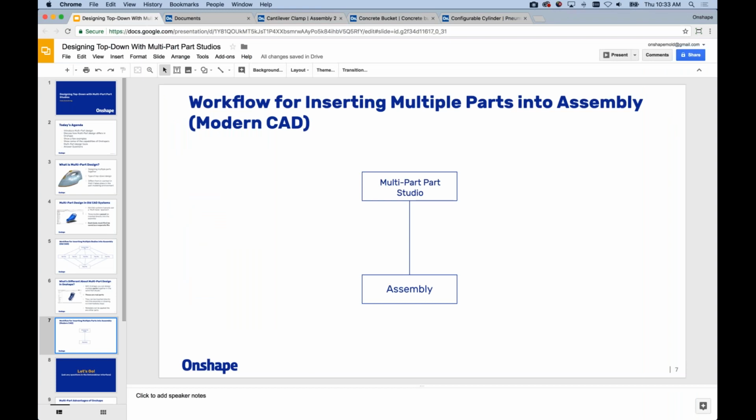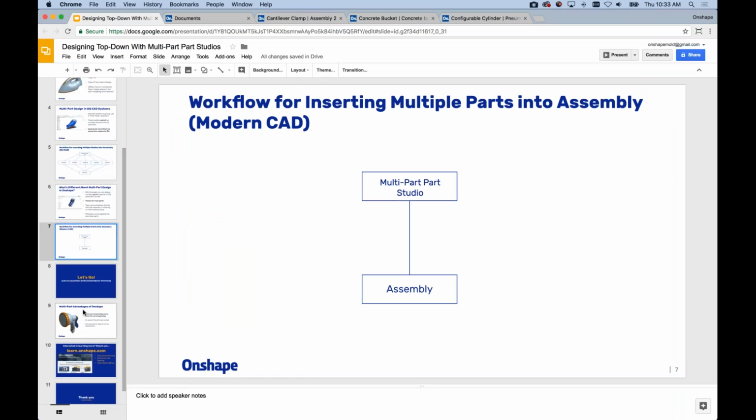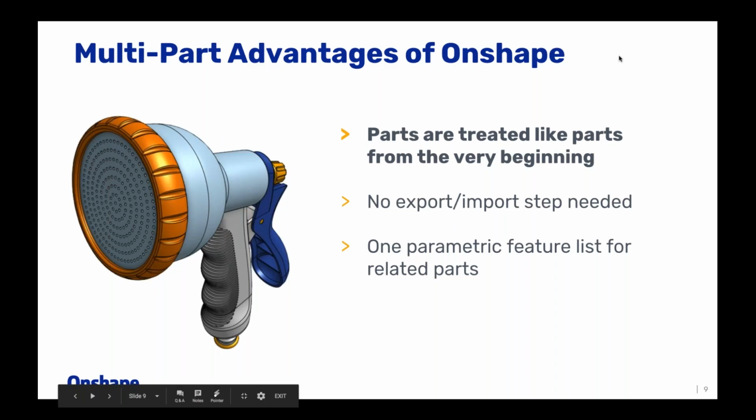Jumping back here real quickly. So just to reiterate our advantages, I want to go over just a few of our advantages again, and then I'll go over a few cool examples that I have of multi-part Part Studios, kind of showing the power of this scenario. So the big thing with stress, just to reiterate, going back to our examples, is that when you create parts in a multi-part Part Studio, they are parts from the very beginning.